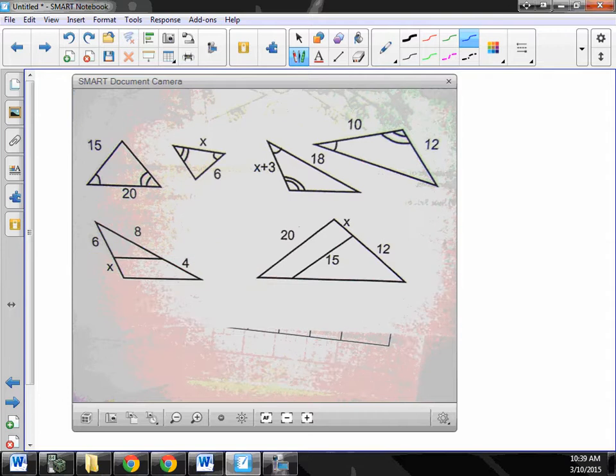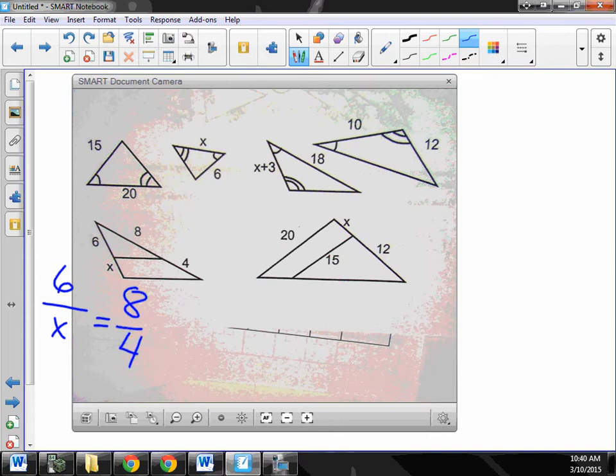So, 6 over x is equal to 8 over 4. Now, I don't even need to do the cross multiplication to figure this out.